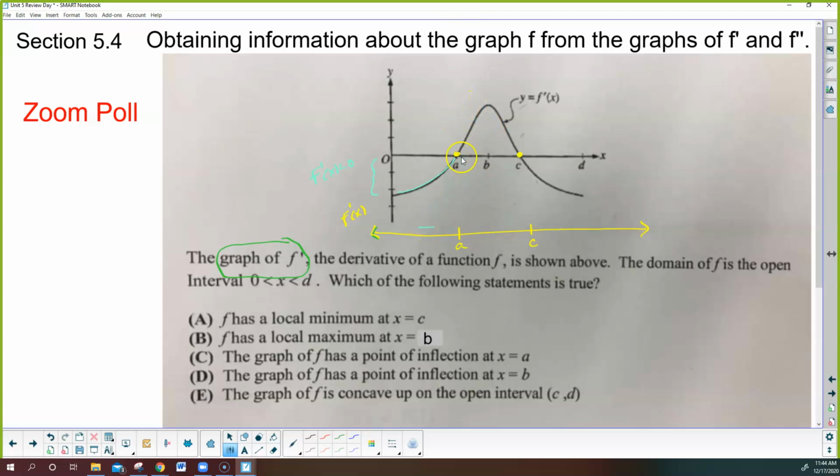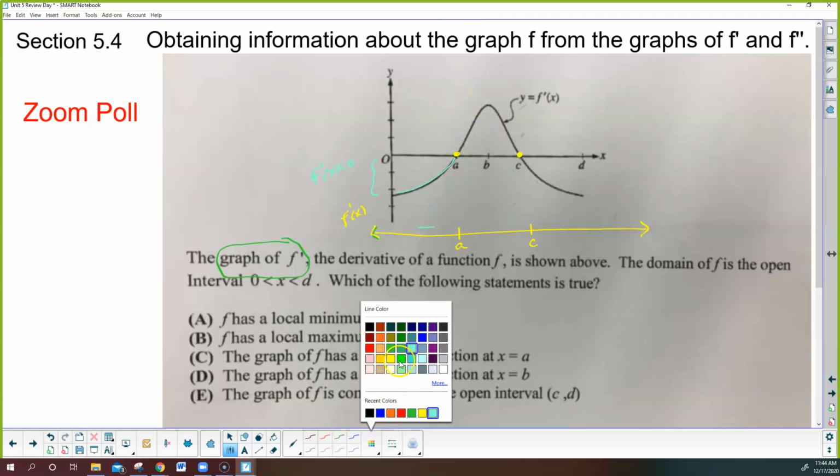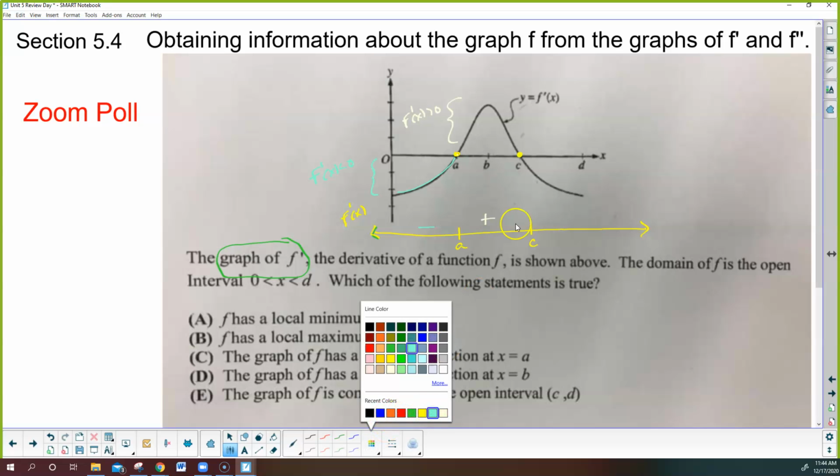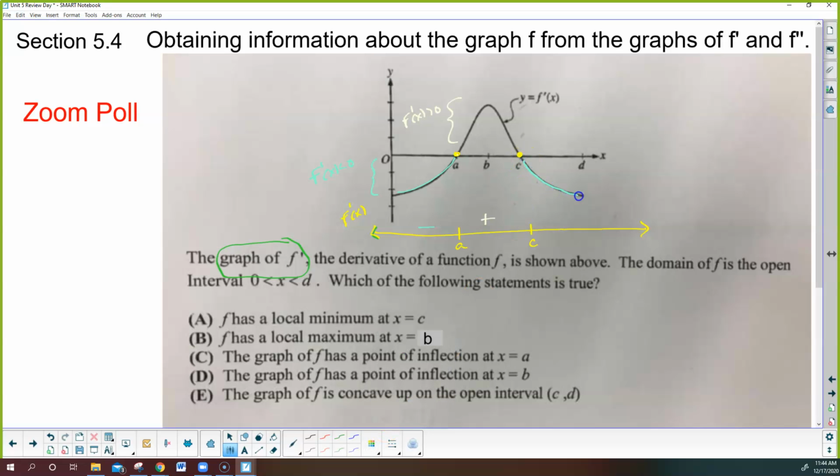And what do we know about the parts above? Right? The parts from A to C, all of this is above the x-axis, which means the first derivative, because this is the graph of the first derivative, is positive. And then same thing here as we go past C, these are below the x-axis, which are negative.